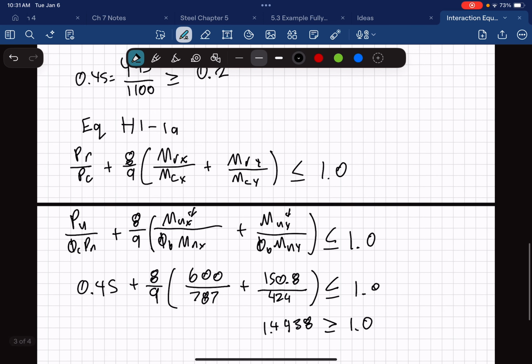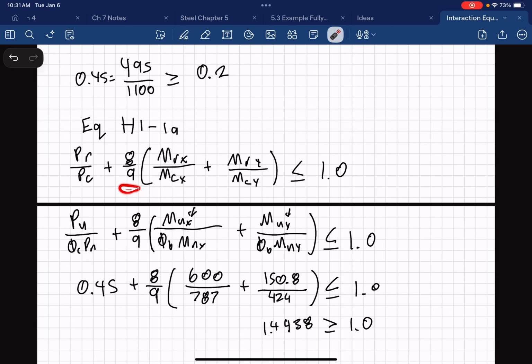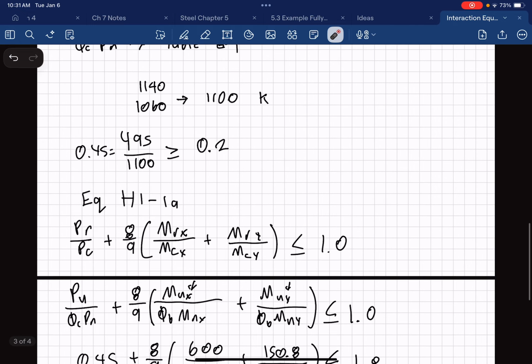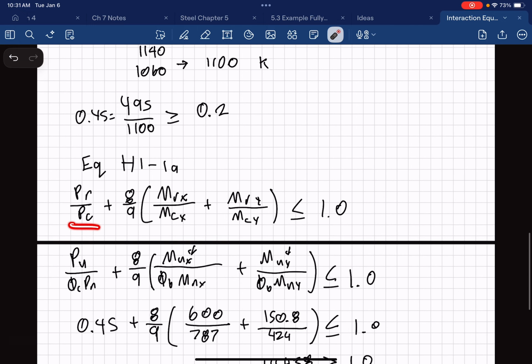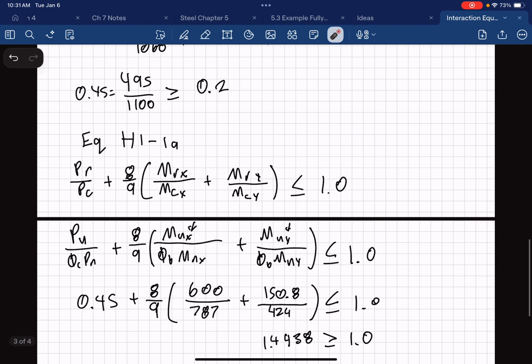One important thing to notice about how this equation works is we're reducing the value of these moments as a function of the ratio of the required strength being so high relative to the available strength.